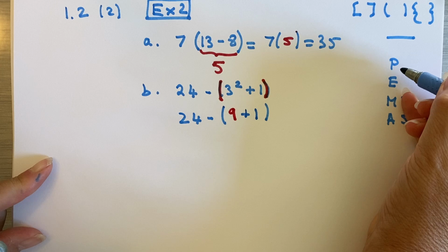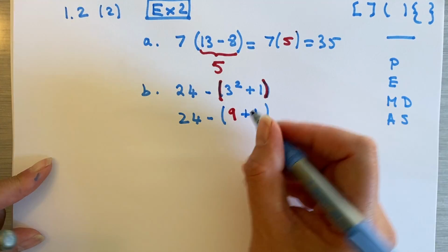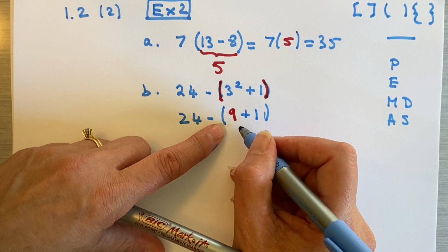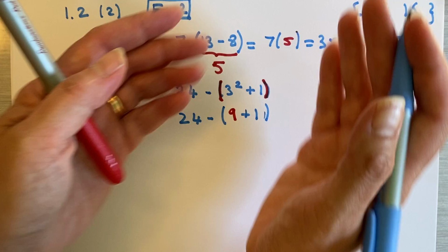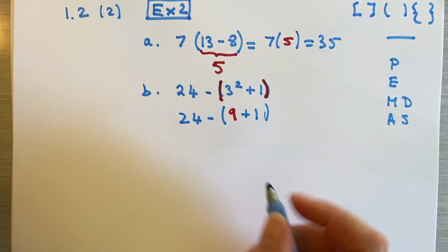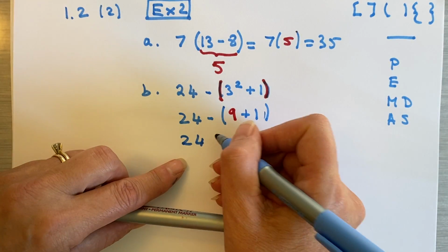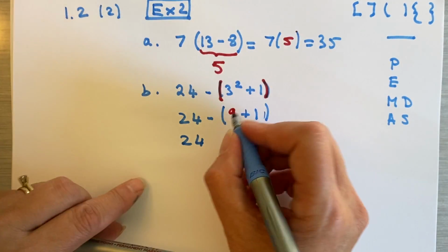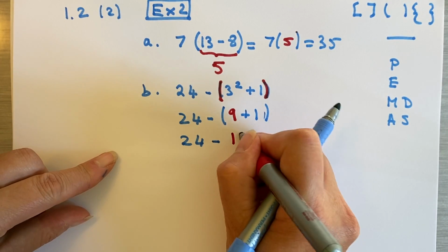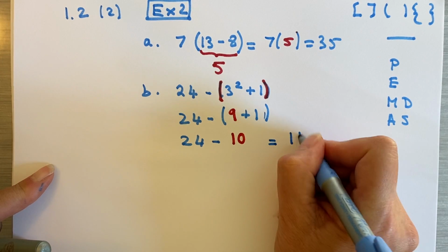I can't do 24 minus 9 because it's 24 minus the quantity 9 plus 1, right? So I need to make sure that I work out what's in the parentheses before I subtract it from 24. So I get 24 minus 10, and I'm left with 14.